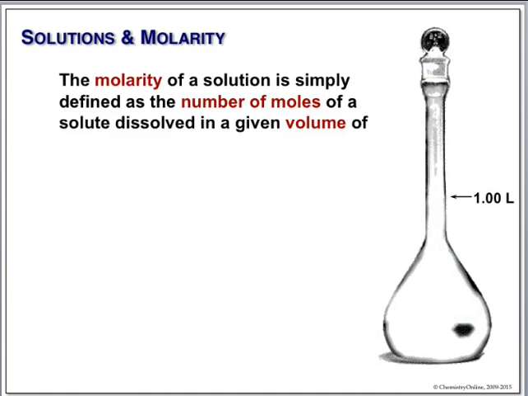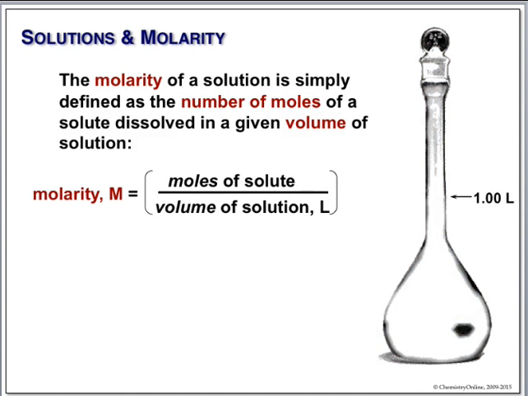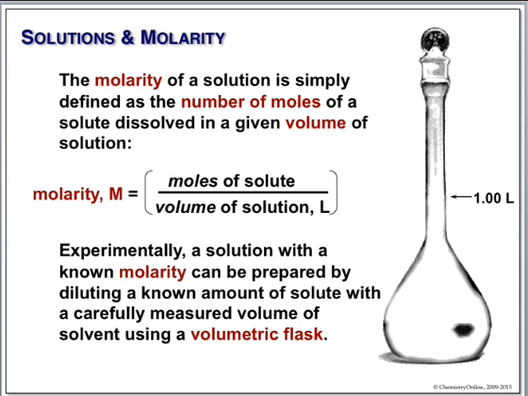To make a solution of known molarity, you would start off with an empty flask. Here's a little etch line, that's 1 liter. What's our simple definition here? Number of moles divided by number of liters. That's all in the world it is. So you would take a certain number of moles and you would put it in your flask. Here it is.